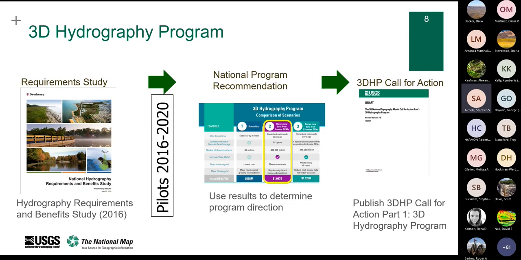And then this is when Becky was in my position. We developed a national program recommendation and a call for action, and that text is available on the website under 3DHP. It will be available in print eventually.